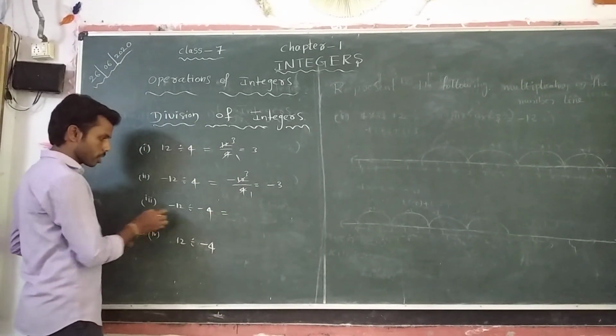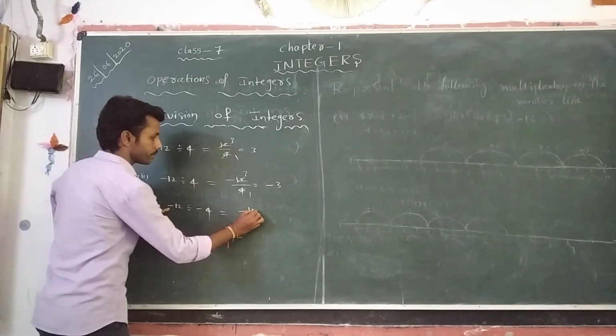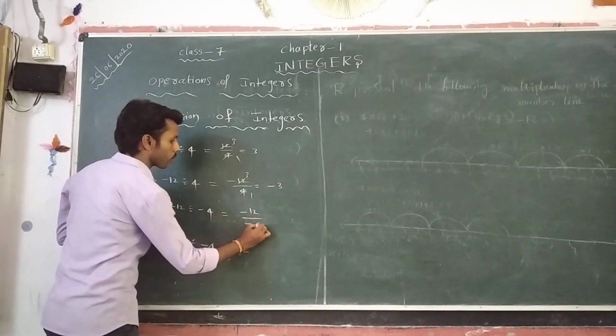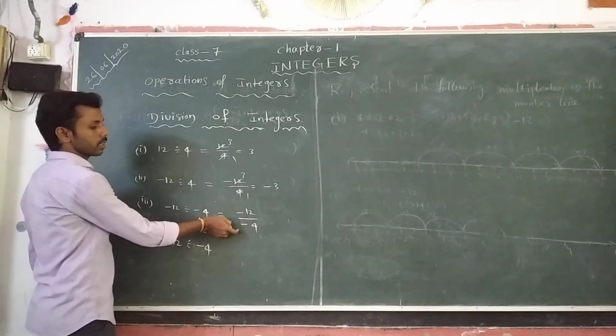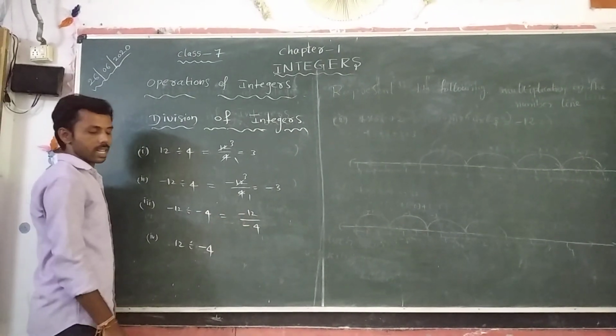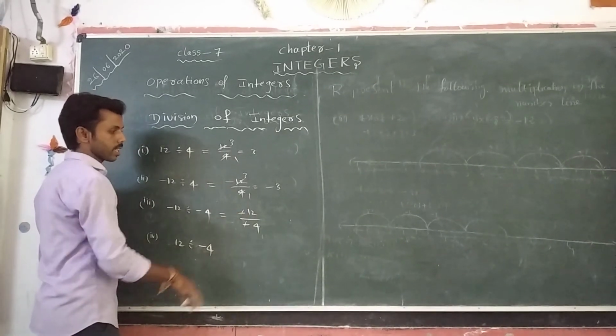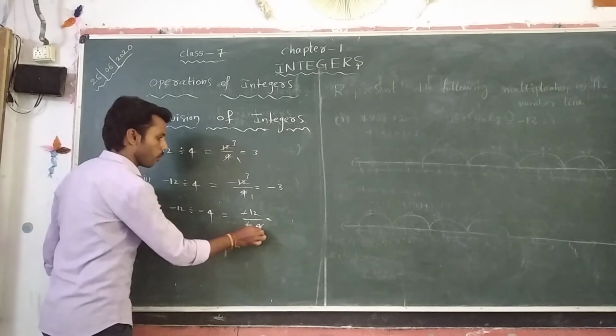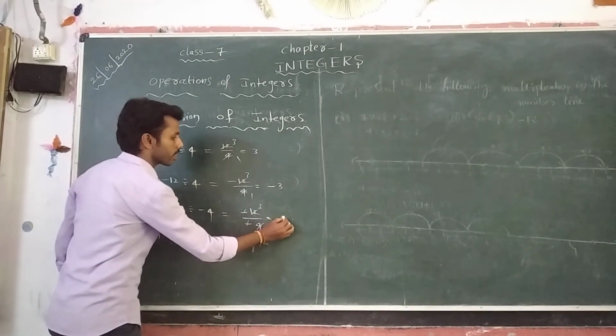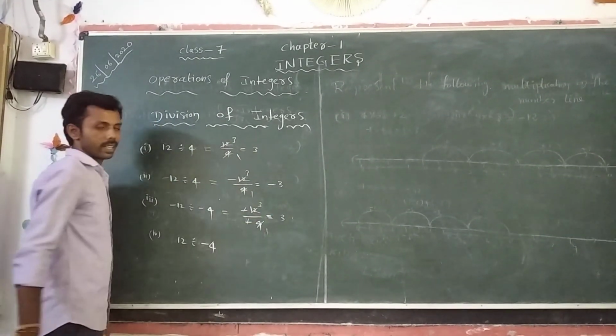Next, another example. Minus 12 by minus 4. Both are negative integers, so minus and minus cancel, and we get a positive answer. 4 threes are 12, so 3 is a positive integer.